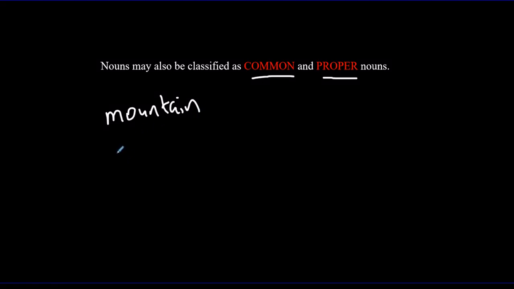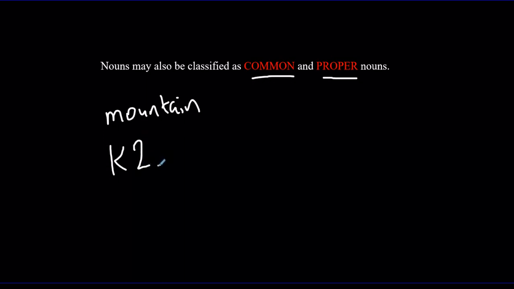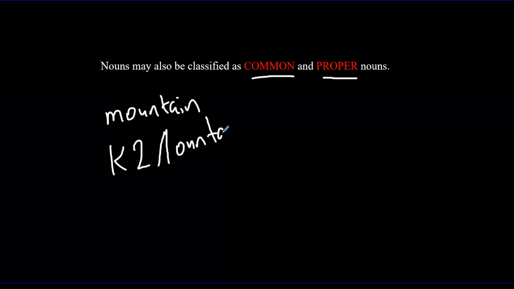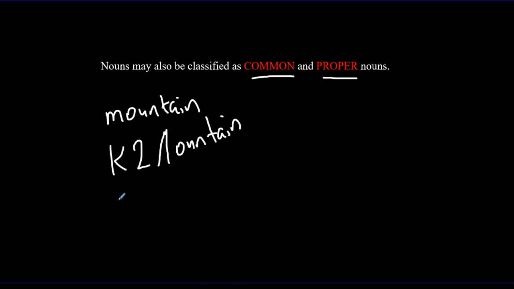However, if I want to refer to a specific mountain, let's say K2, therefore it's a specific mountain, we call it a proper noun, and it's capitalized, or at least the first letter of the word.